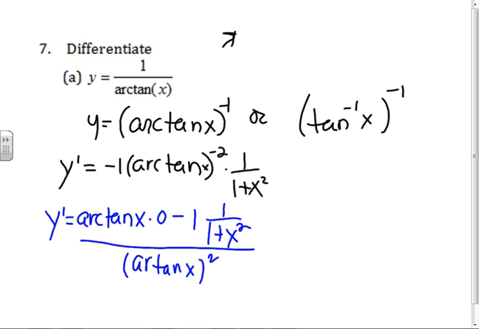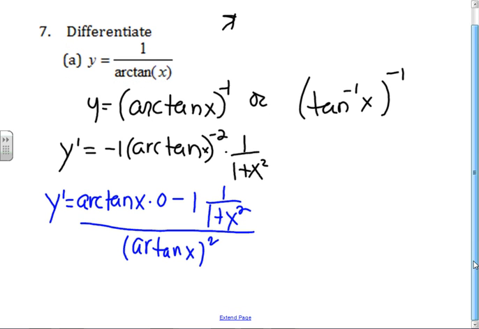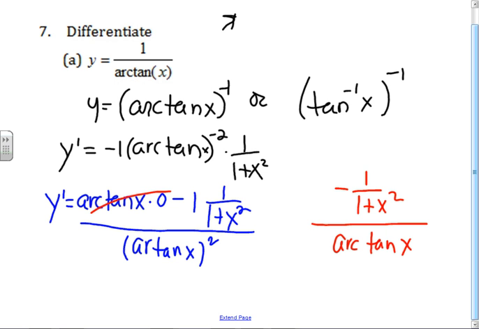And I hope you can see they're the same things. What'd you miss? That's 0. So it's negative 1 over 1 plus x squared all over arctangent of x.